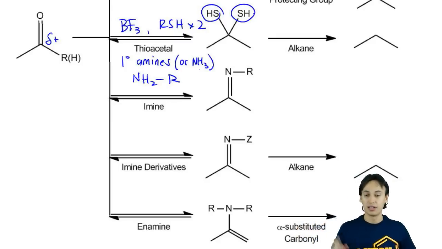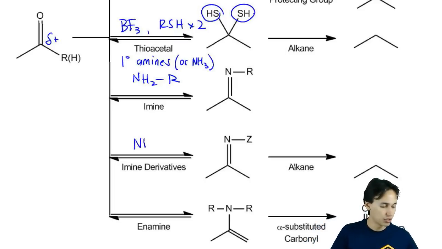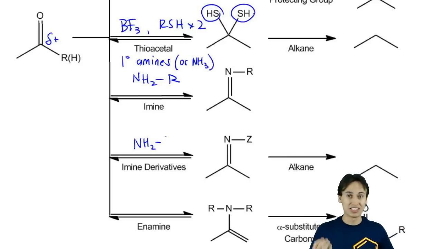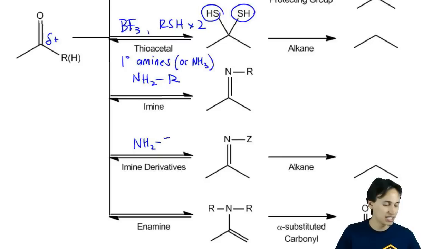Now on top of that, if instead of NH2R we add something else instead of an R group, like for example a Z group, that Z could equal a few different things. It could be another nitrogen, it could be an alcohol, etc. There's a lot of different things we could put there.